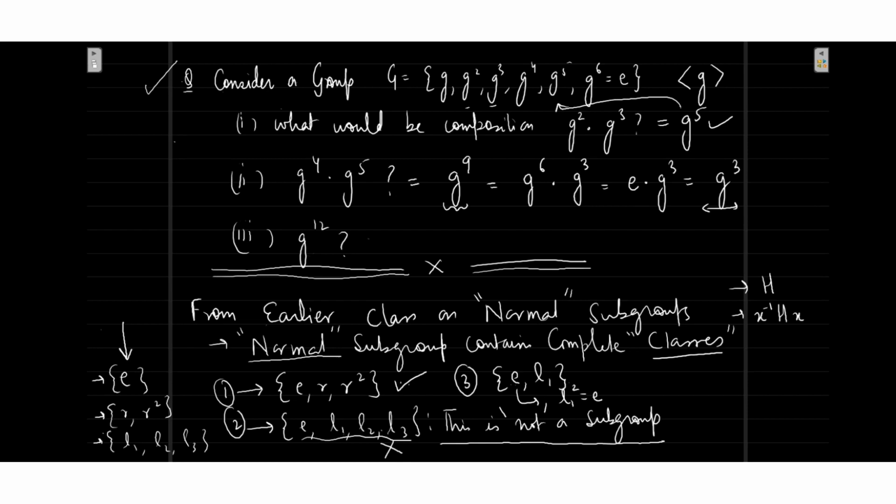G6 into G6 equals E. Is that there in this group? Yes, that is there. So please see that the cyclic group property is such that you can take the composition of anything. In fact, you can go beyond that: G12 times G5, which is G17, and so on. Everything will map back to this group, which is the group I have given you. That is something I just wanted to explain.